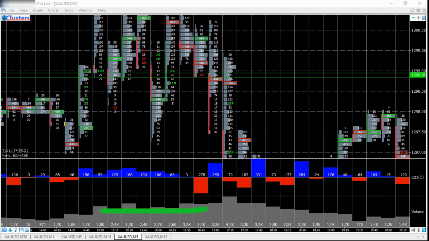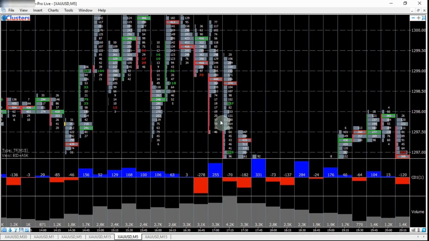So what gave us the inclination that this market was ready to move was the aggressive sellers coming in. And this is the information that you need in order to trade the market with edge, more edge than you may already be trading if you're not reading the tape or Forex order flow analysis. This will give you that timing.